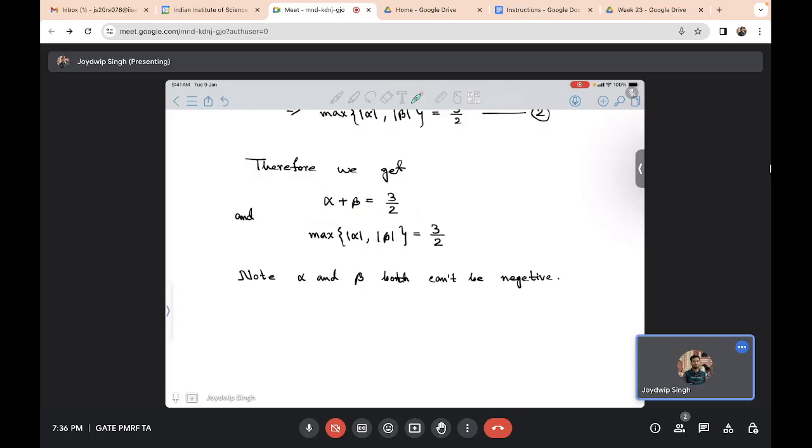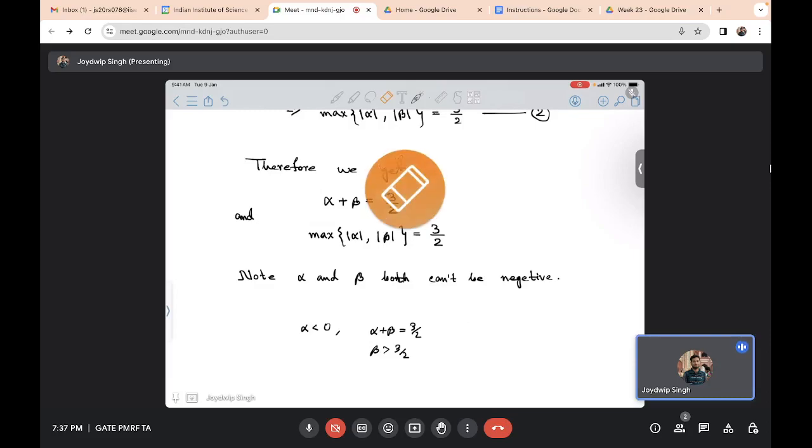Assume first both are non-zero. If alpha is negative, then as alpha plus beta is 3 by 2, beta should be bigger than 3 by 2, which will contradict that the maximum of mod alpha, mod beta is 3 by 2.